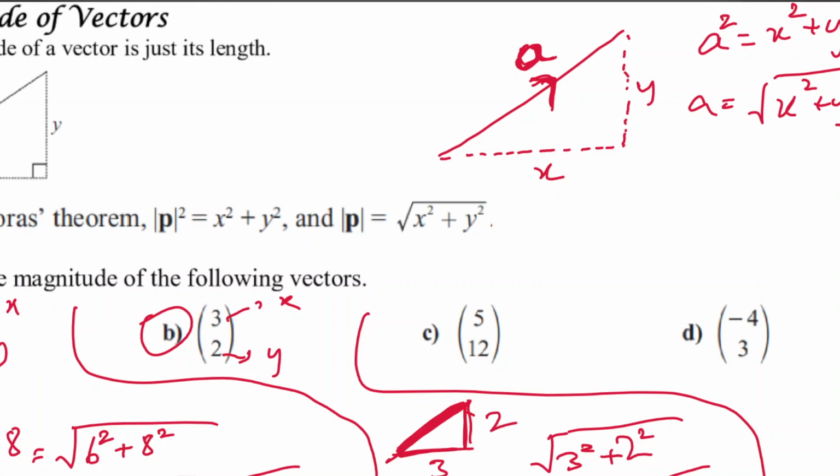For the final answer, you can do it as minus 4 square plus 3 square. 4 square is 16, 3 square is 9, 16 plus 9 is 25, and root of 25 is 5. So 5 will be the magnitude of this. So I hope these questions are clear to you.